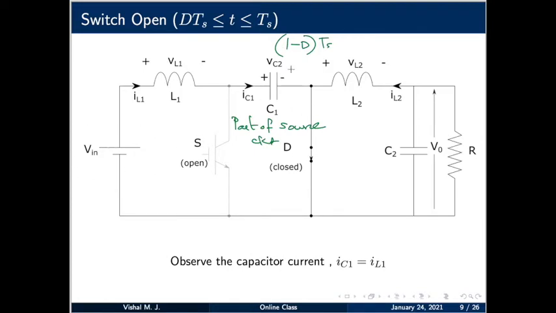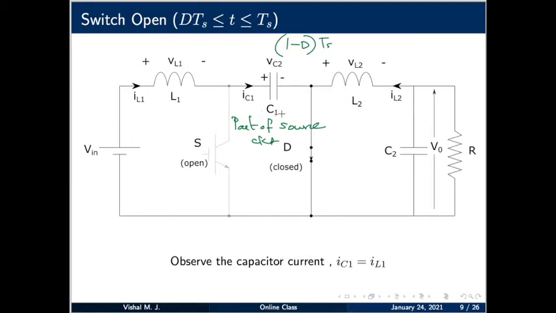Now, the capacitor gets charged from the source, and once the switch is closed, the stored charge in the capacitor will be used to feed the load. So, that is why I said the capacitor is an element which takes part in power transfer along with inductors. In the earlier 3 circuits that you have learned, the capacitor was just a filter and the inductor played the role of power transfer. Here the capacitor does it along with the inductors.